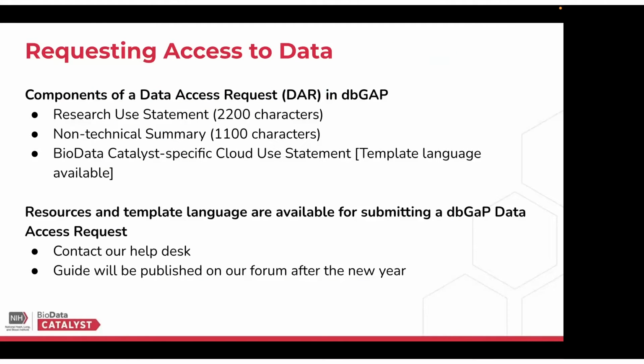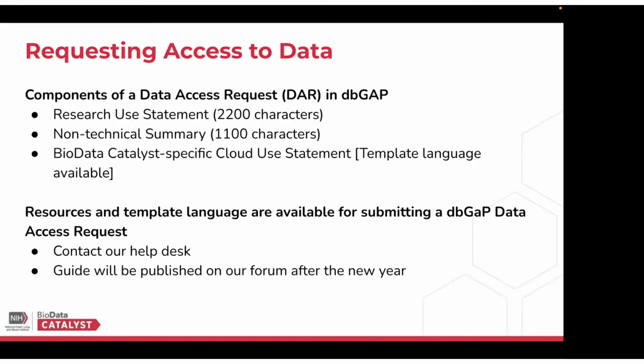And as an additional resource with the democratizing data, as you're probably familiar, the BioData Catalyst ecosystem revolves around dbGaP permissions and authorization to access files and studies. One part of this is that in order to get access to the data, you must submit a data access request, and BioData Catalyst offers some resources to help you with this.